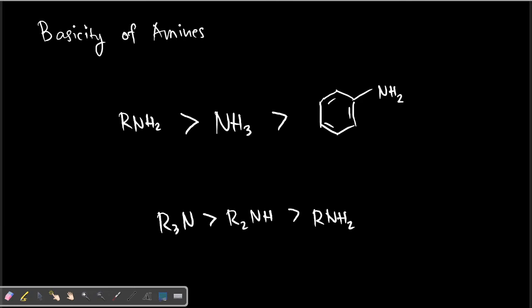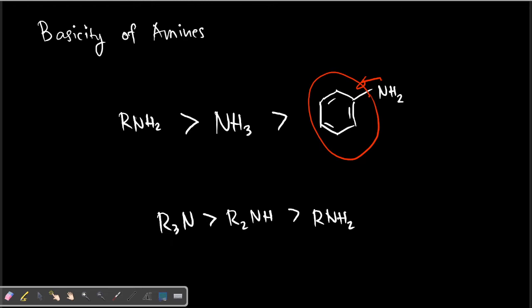Kung magkaroon ka rito ng positive charge, ang tendency ng nitrogen natin ay mag-release ng electrons towards dun sa ring. Dahil doon, hindi nagiging stable yung cation natin. So, mas nagiging less basic siya.